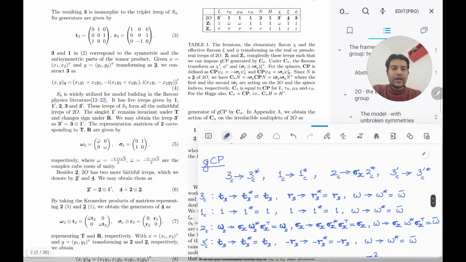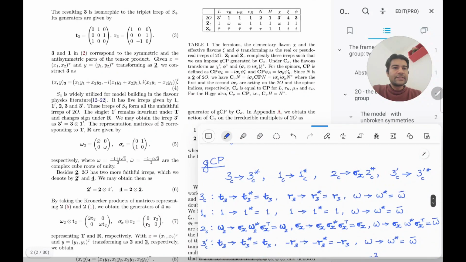Now let's see how the generators of various representations transform under this generalized CP. Since the definition is exactly as in the previous example, we can see that the generators T and R remain unaffected by GCP.